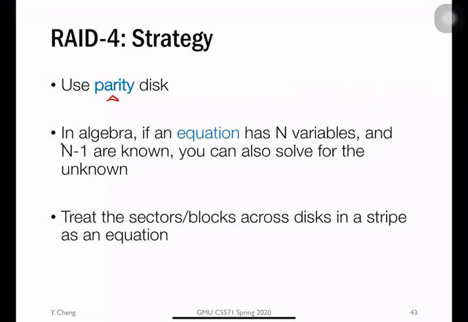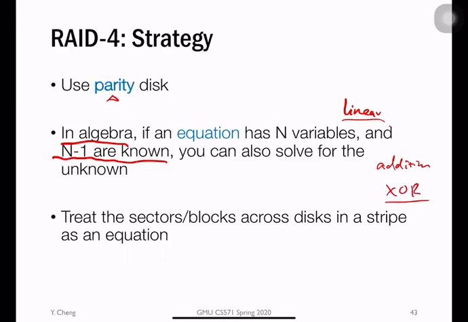Let's say in algebra, if a linear equation has n variables and n-1 are known ahead of time, you can solve for the only one left, which is unknown. For binary operations like addition, subtraction, or even exclusive OR, XOR, these kinds of operations are commonly used for supporting this parity calculation.